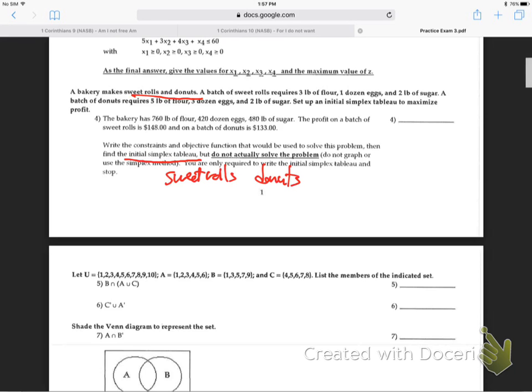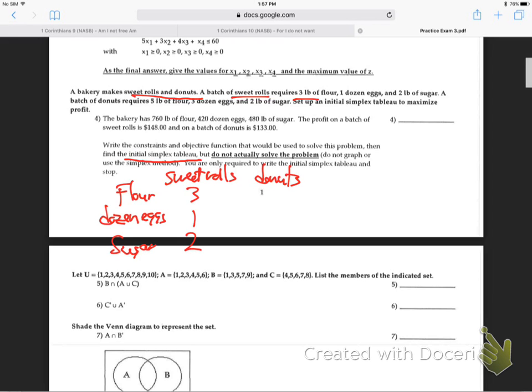Each sweet roll takes 3 pounds of flour, so this row will be flour. These are dozens of eggs: 1 dozen eggs, and 2 pounds of sugar.